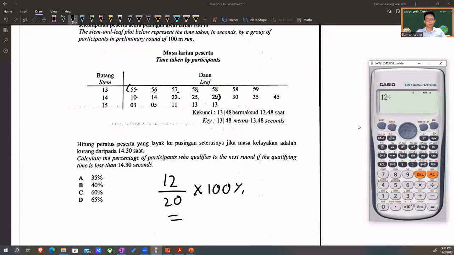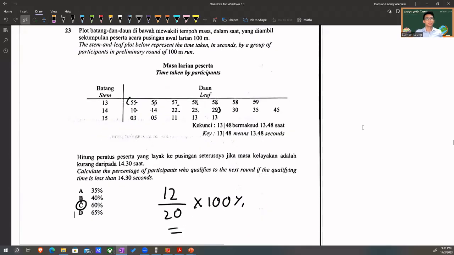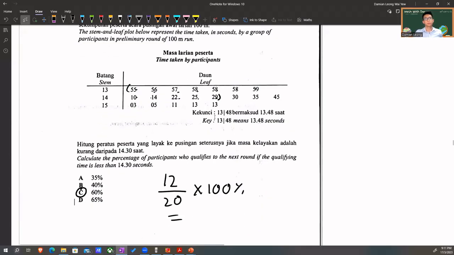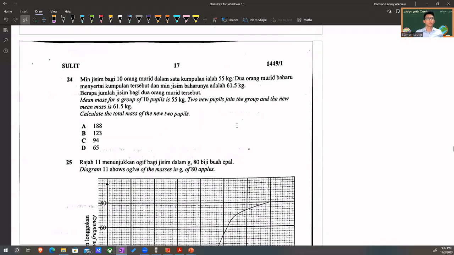So 12 over 20 times 100 is 60%. So answer would be C. Yeah, just how many of them are less than 14.3, over the total, times 100%. Question 24.